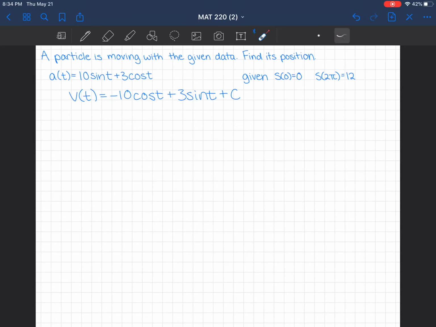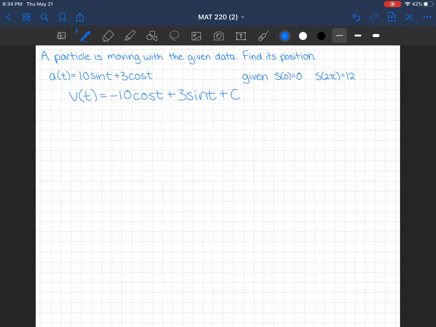Just to double check, if we were to take the derivative of this, we would get 10 sine t, and the derivative of sine t is going to be cosine t, and our constant stays in front. And then this c would just fall off.